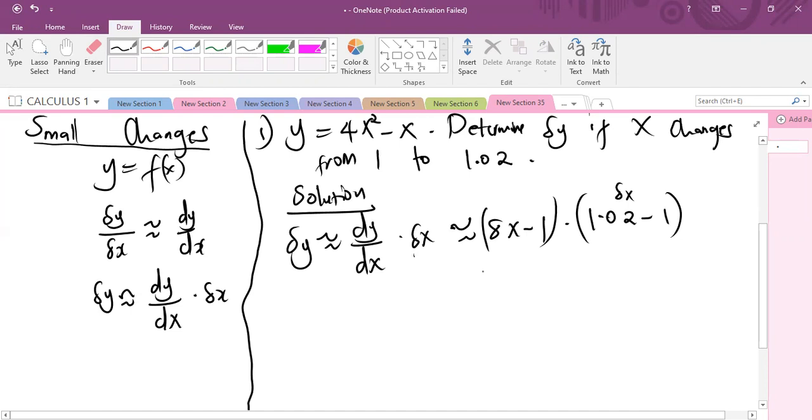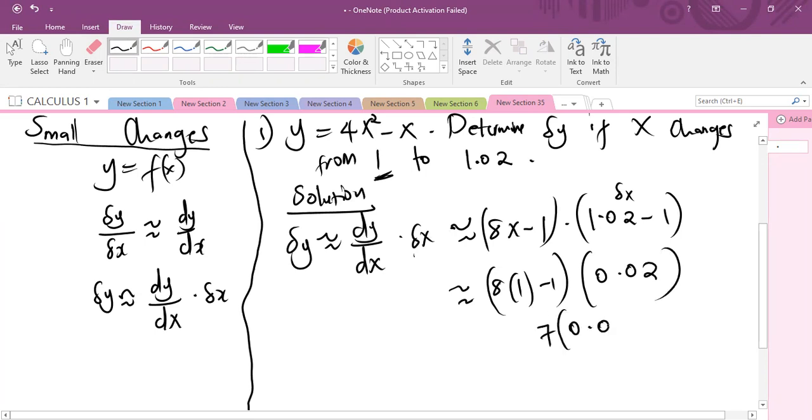Are we together? So our answer will be equal to 8 times the initial value of x. x was 1 before it changed. So 8 times 1 minus 1, multiplied with the small change in x, which is 0.02. 8 minus 1 will give 7.